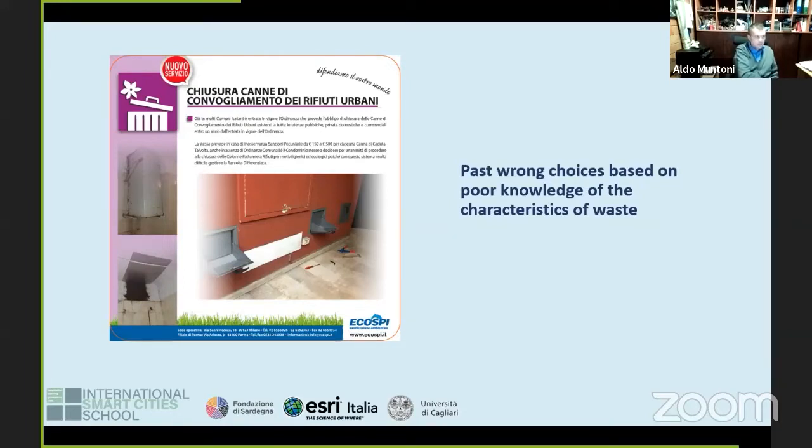So this system can be used, but you can imagine in the 70s in Cagliari, all the food waste which was in the mixed waste.